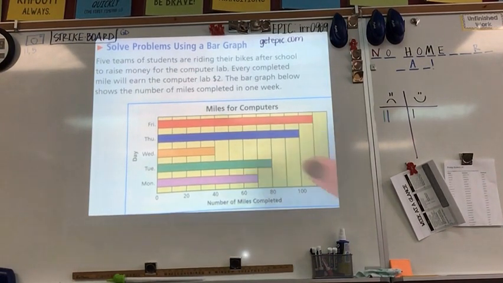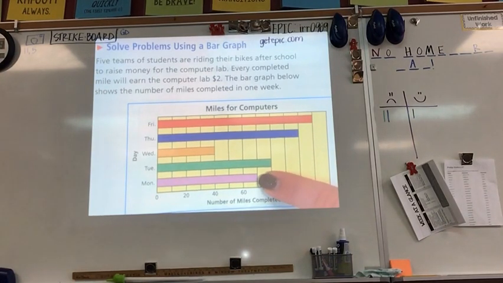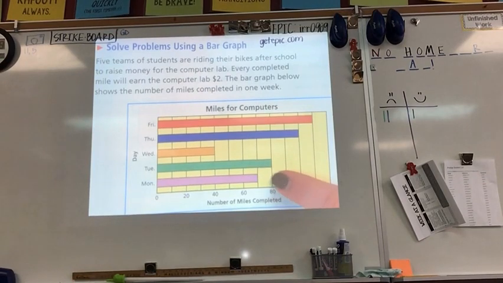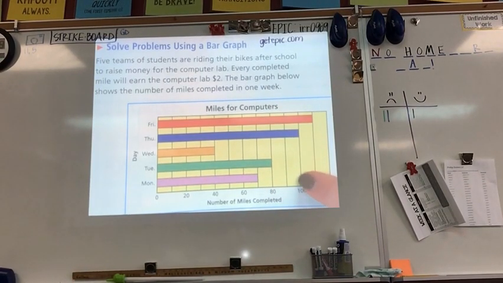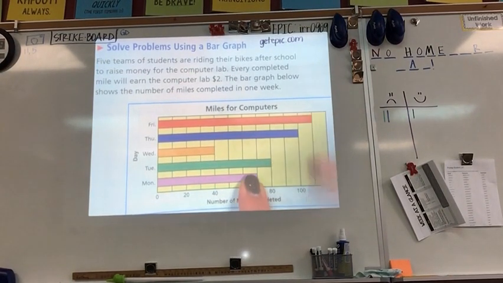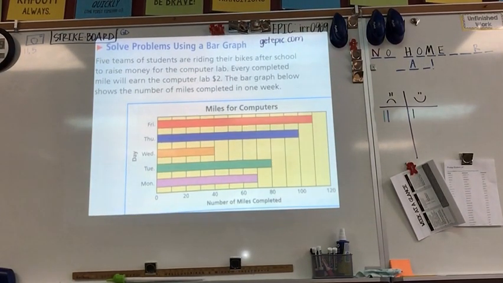10. So you can literally start at Monday and count up to Friday. And I would go, here's 10, 20, 30, 40. So there's 40 miles difference in here. The question is, how many fewer miles were completed on Monday than on Friday?